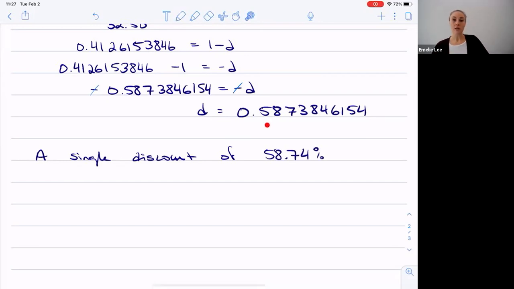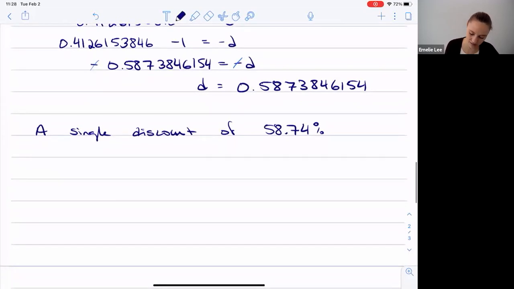So discounts typically, just like they're reporting in the question, typically we convert them back to percentages, right? So the discount is 0.587, but then when we're talking about these discounts, we typically report them as percentages. In terms of your Moodle quizzes, right, it should say reported as a percentage or just as a decimal, and tell you how many decimal places to go to, right? And so here, 58.74%, that's the 2 decimal places.